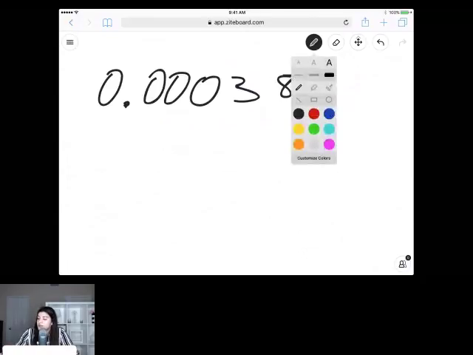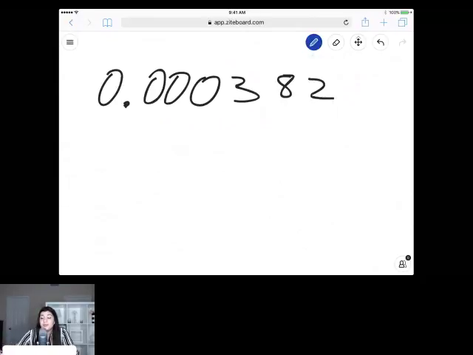You start wherever your decimal is, and move it until there is a non-zero number, so that you're done when it's between two non-zero numbers. If we move this over, it would have been 1, 2, 3, 4. We stopped there.